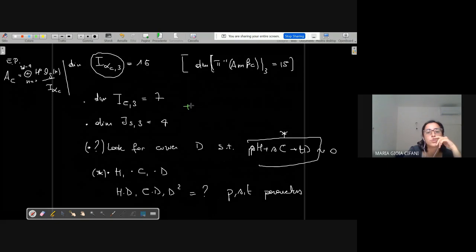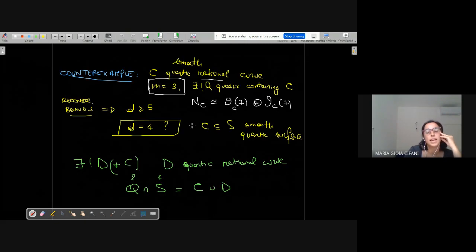So here we have to add the homogeneous ideal of the cubics in the homogeneous ideal of D, but I won't be precise here. Here we do not have 7, just because we have to consider the intersection of the cubics containing D with the cubics containing C. There are 4 cubics in the intersection, because whenever we have a cubic containing the quadric, it contains both.